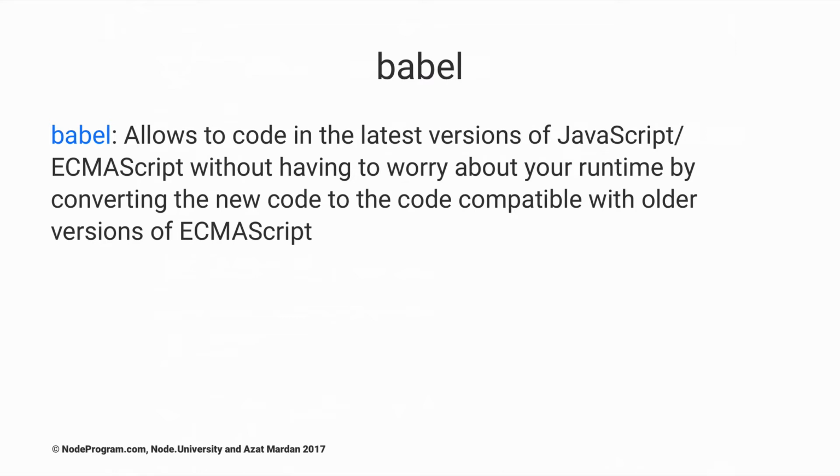So Babel is great for when you need to support those old browsers but you want to write in the new code for new browsers. And also we use Babel to convert the React JSX into regular JavaScript because JSX cannot run in the browser. So we use it for React pretty much. In 90% of the projects, you would see Babel. That's what the React team recommends to use.